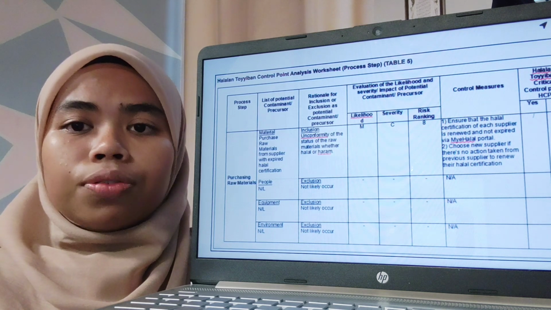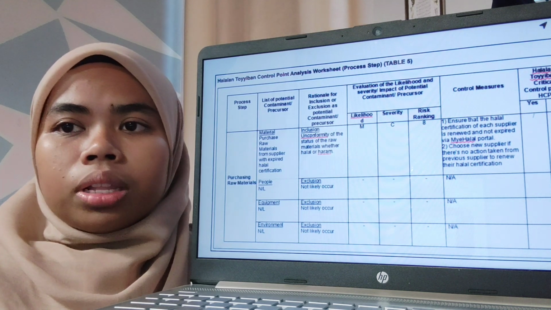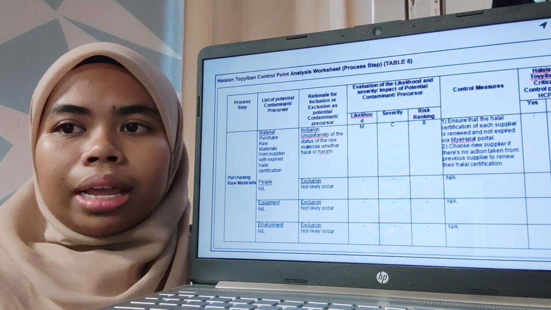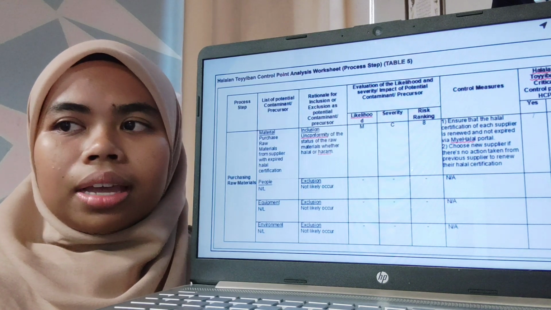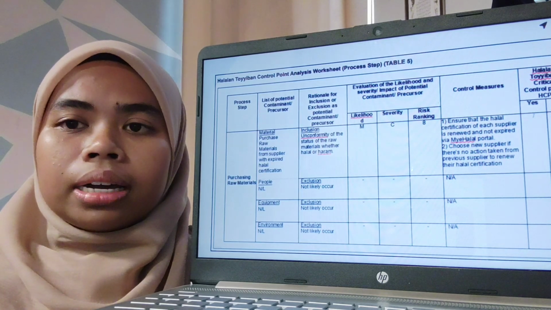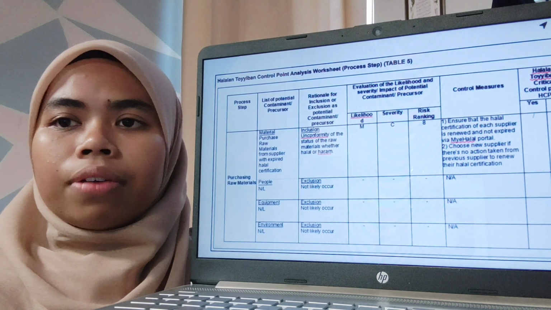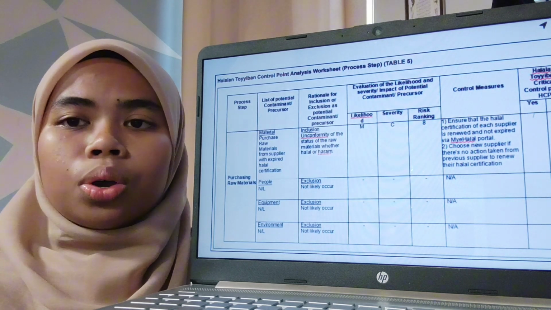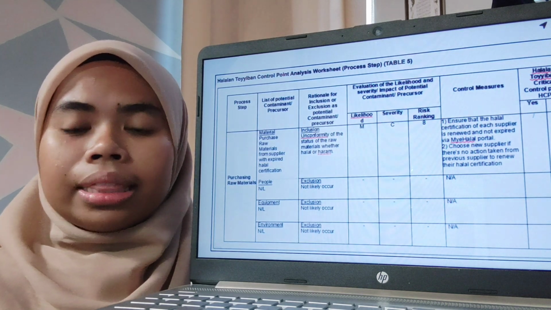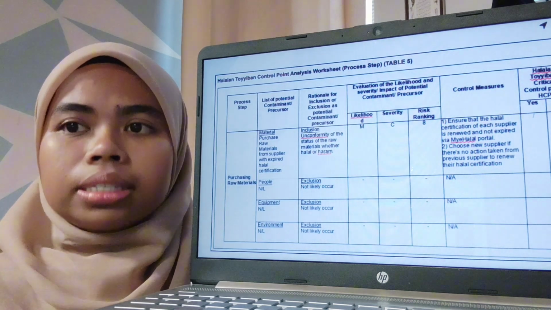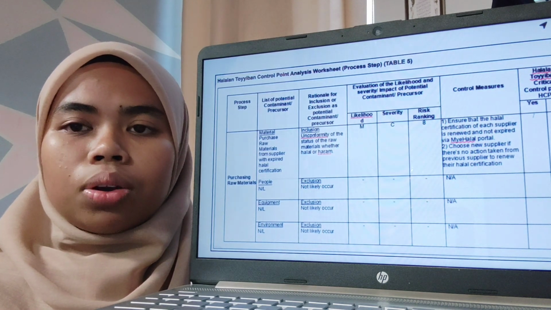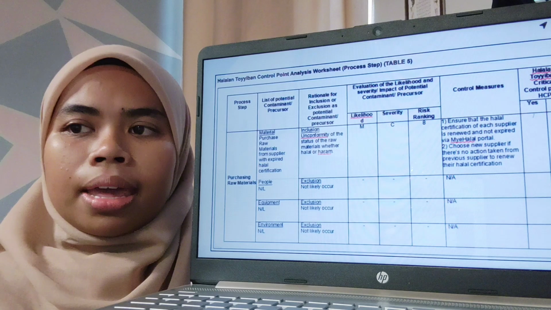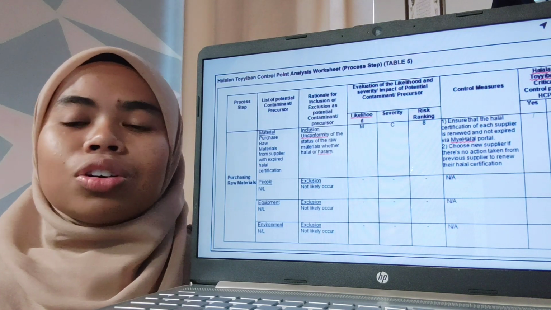We only use a phone, and it is an exclusion, not likely to occur, and it is not a halal control point. And lastly, we have environment. It is also not related because we only purchase, and it is an exclusion and not likely to occur, and it is not a halal control point.